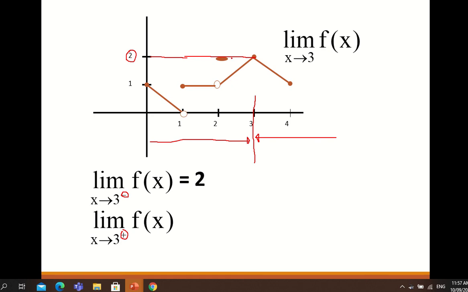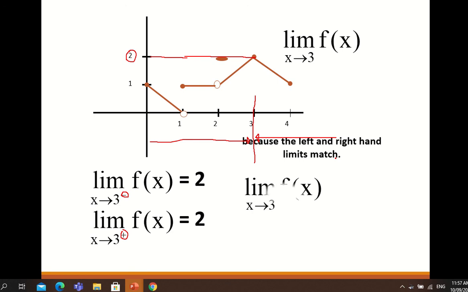That is also equal to 2. Because there is a match between the two one-sided limits, we can say that the limit exists, and that is equivalent to 2.